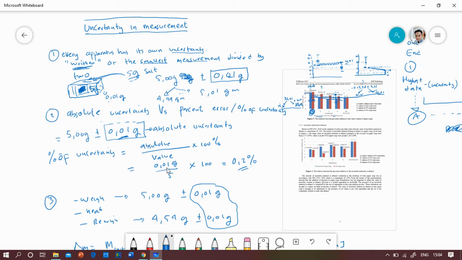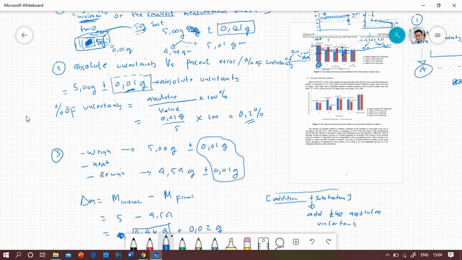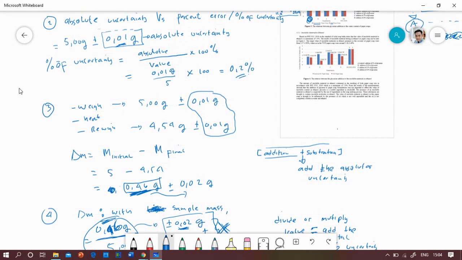Then you go 0.01 divided by 5 times 100. If your measurement is 10 gram, then the percentage will be 0.01 divided by 10. So that's the percentage of uncertainty. The second one is propagation of uncertainty. If you have addition and subtraction, like this subtraction of initial minus final mass, then the uncertainty is added.